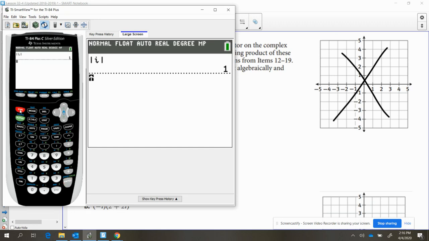Now I'm just going to hit second enter to bring this up a little bit faster. If we take 2 plus 2i and hit enter, we're going to see that the absolute value of 2 plus 2i is 2 square root 2, aka 2.8. And then last but not least, I'm going to do second enter one more time and edit this so that we get the value of i times 2 plus 2i.